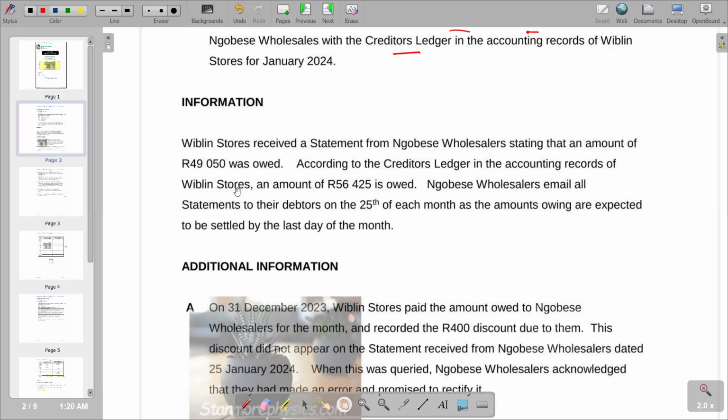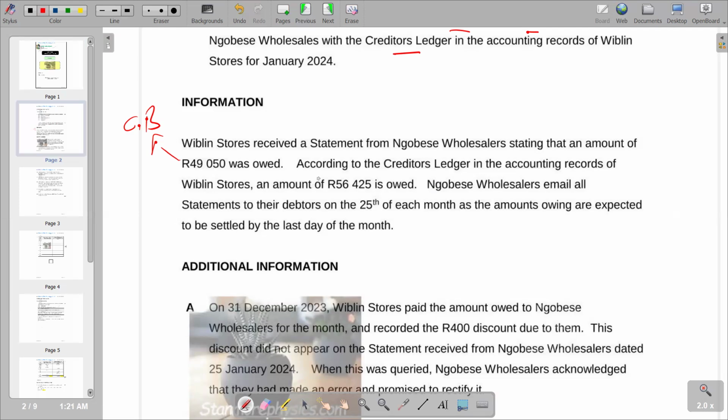This is going to be our opening balance in the creditors reconciliation, the balance we start with as we prepare the reconciliation.